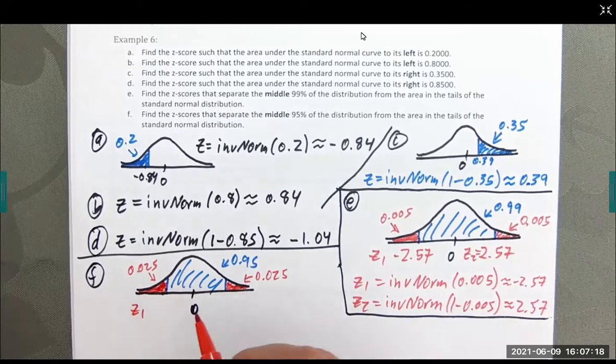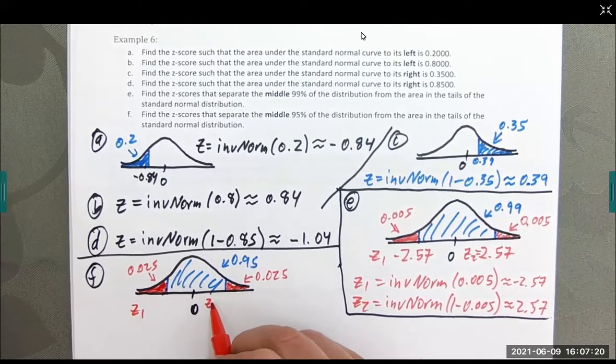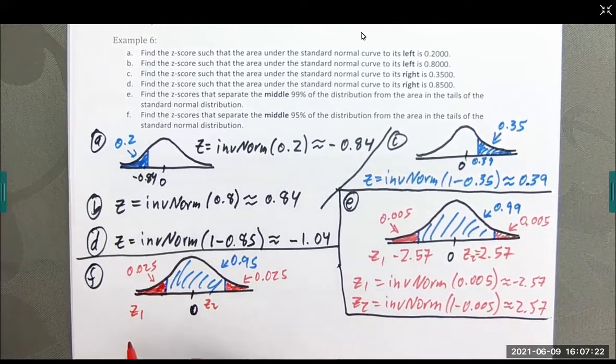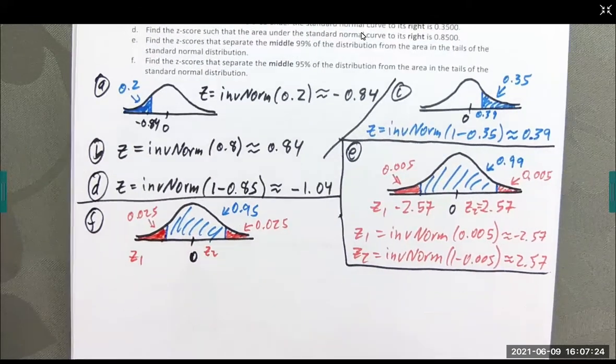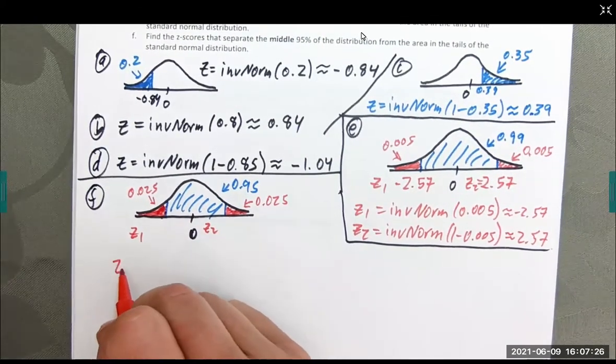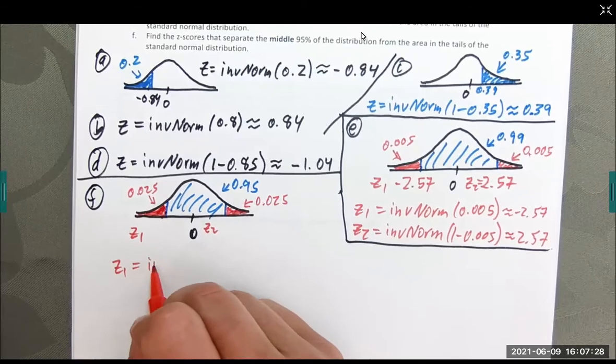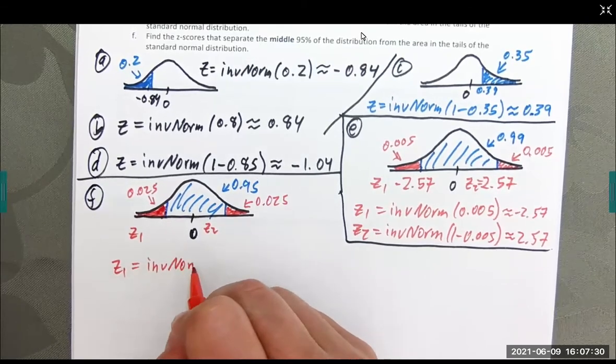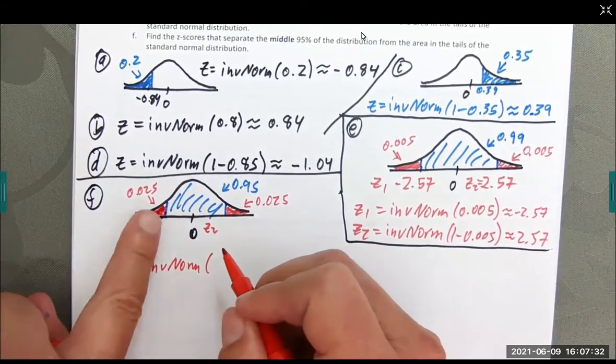Z sub 1 again. Z sub 2. Z sub 1, inverse norm. Area to the left, that's 0.025.